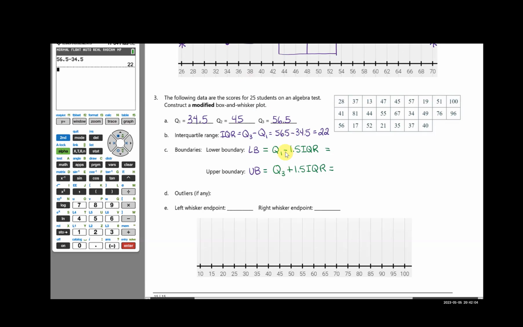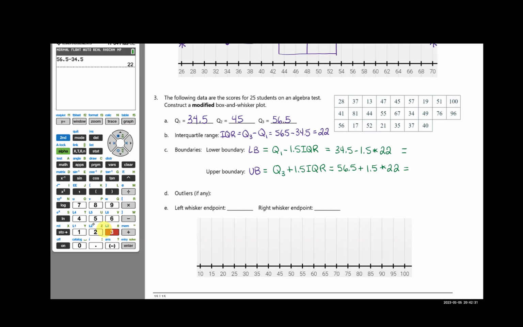Q1, Q3 there, and then minus and plus. And then we can do our substituting. So Q1, 34.5 minus 1.5 times my IQR. And for the upper bound, it's Q3, 56.5 plus 1.5 times my IQR.